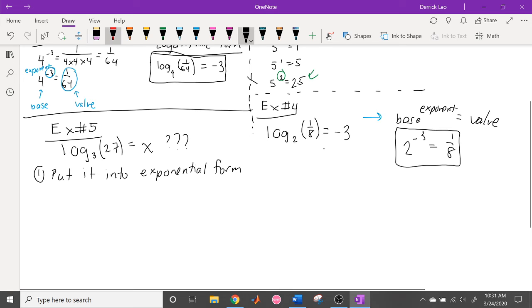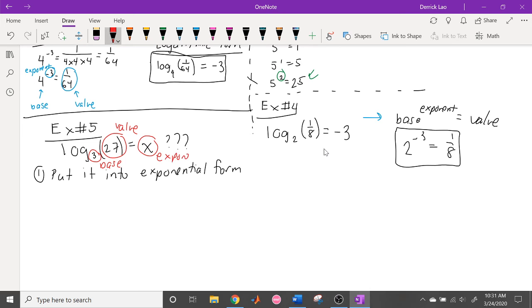So that's our base. This is our value, and that is our exponent. We don't actually know what the exponent is. Well, I mean, we kind of figured it out. So 3 to some exponent x equals 27. And we're thinking about, okay, how can I figure this out? We can make a table.